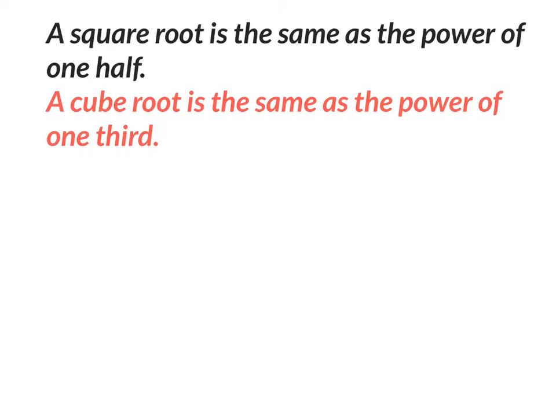Okay, guys. Now, we already know this from square roots. A square root is the same as the power of 1/2. So, for example, the square root of x is the same thing as x to the 1/2 power. And that comes in handy, right? Especially because you might have the square root of x to the 8th.